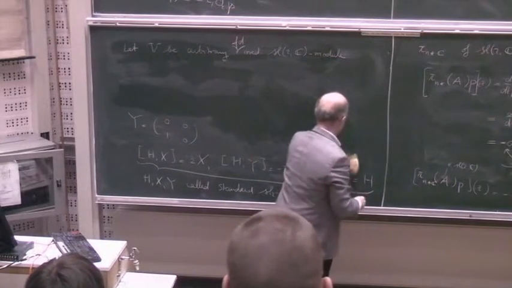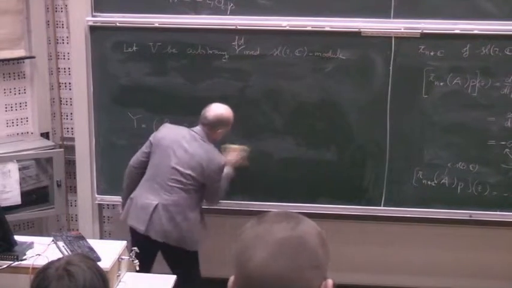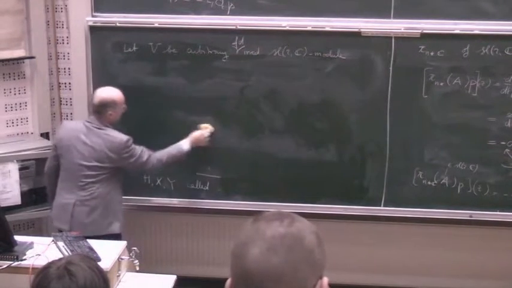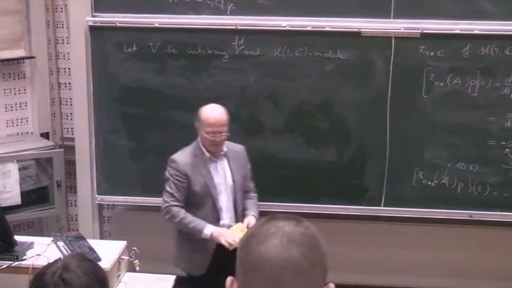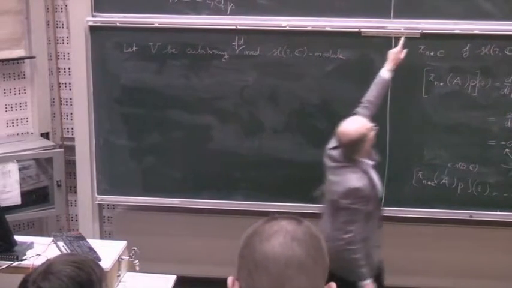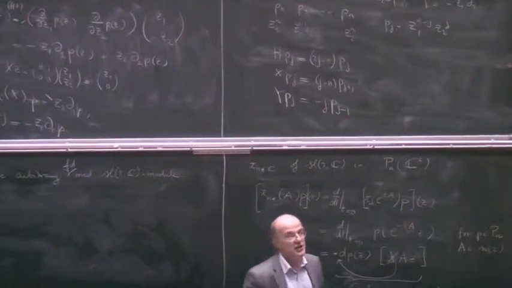And I'm going to reason about this module. And the first thing I'm going to do is introduce, so note that here H diagonalizes over the basis formed by the PJs.